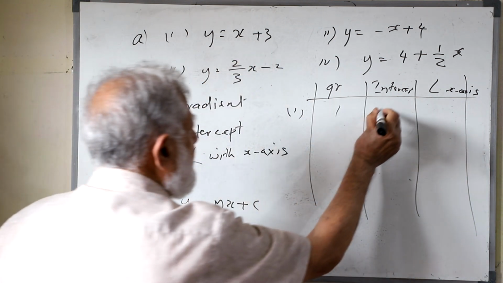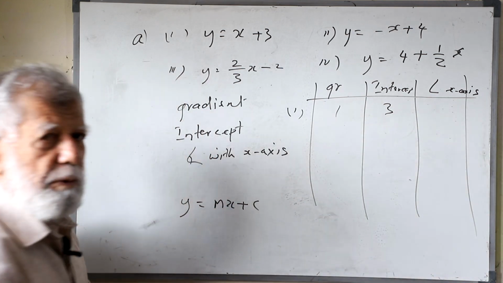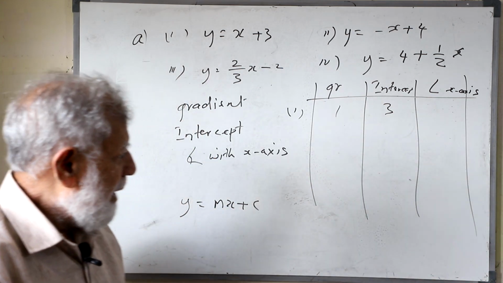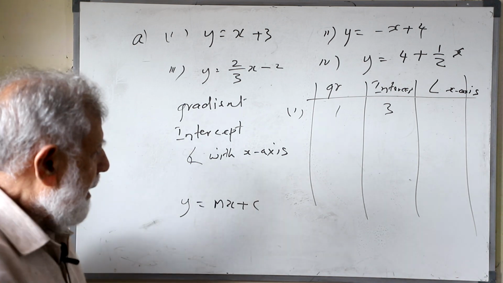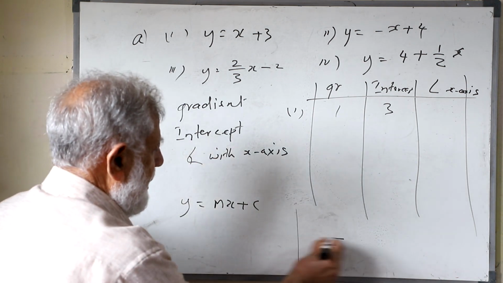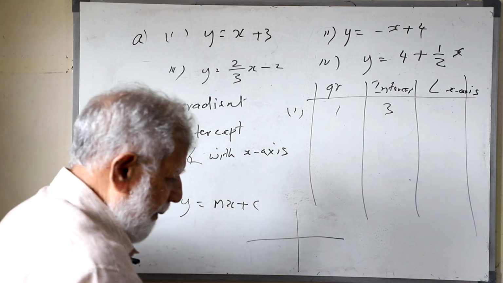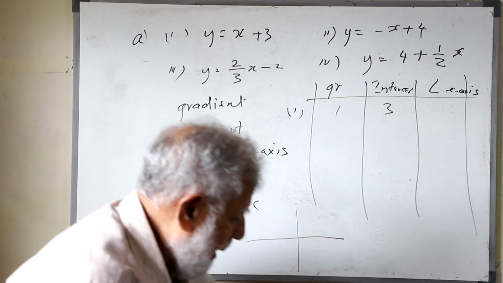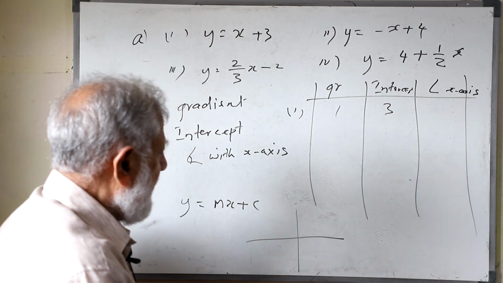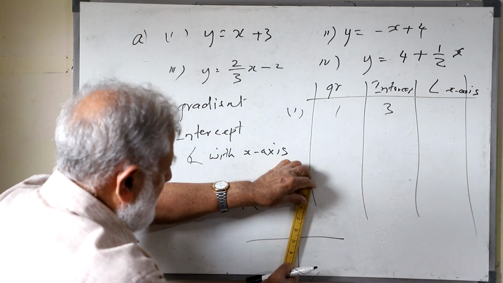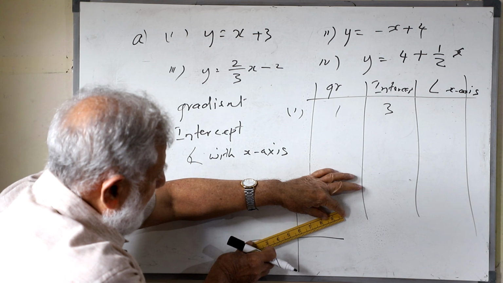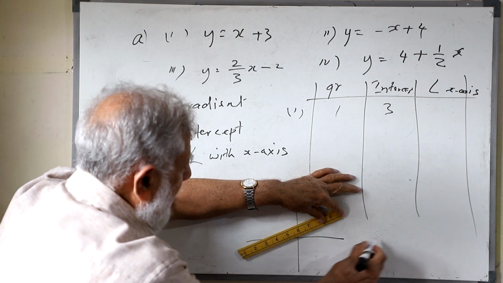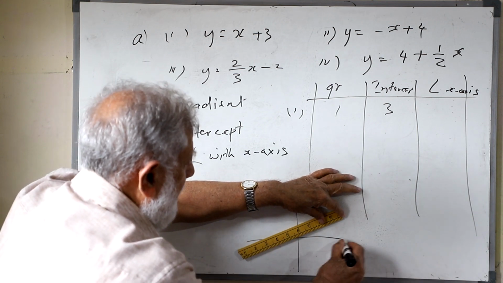The intercept is 3. Now, as I told you before, we studied several times that when the gradient is positive, and these are the axes, the line makes an acute angle with the x-axis. Now, these are all acute angles. This is the x-axis and this is the positive direction.